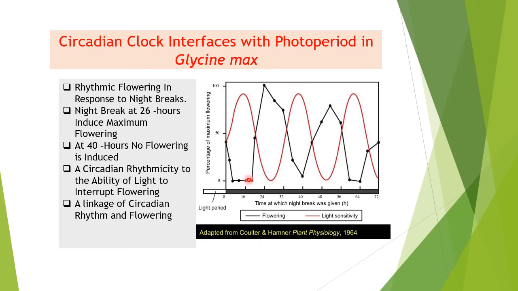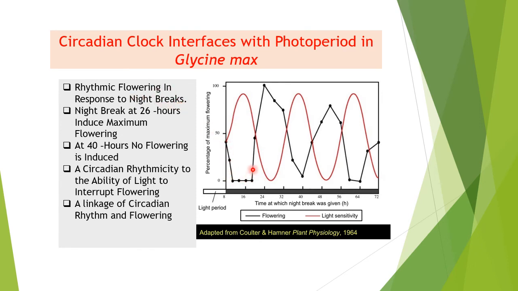The light is given to it. And you see at this point, there is the highest flowering taking place. But at this point, that is at 40 hours, when a night break is given, there is no flowering. And similarly, at this point, there is much flowering, and here no flowering. So rhythmic flowering in response to night breaks.